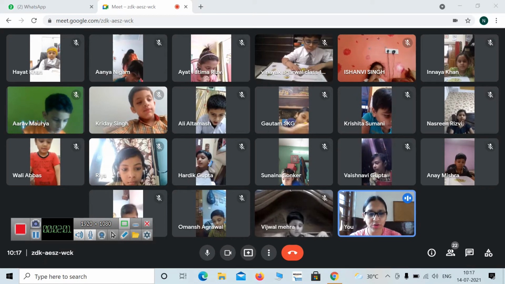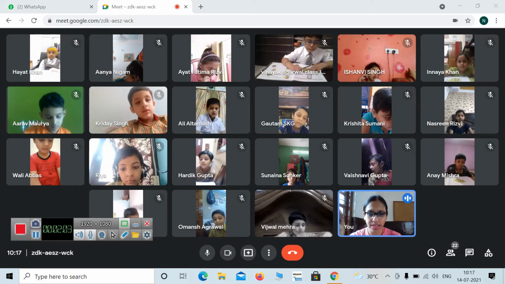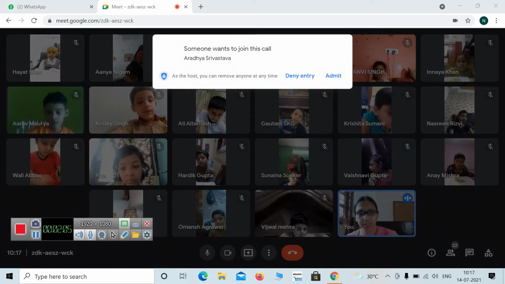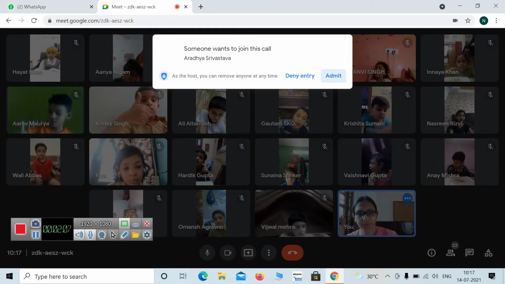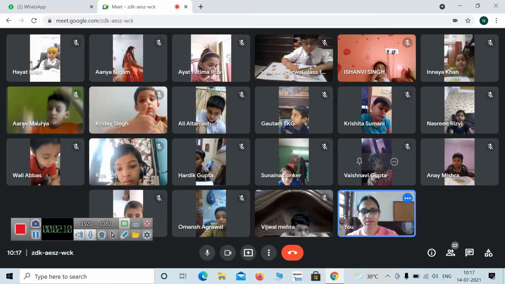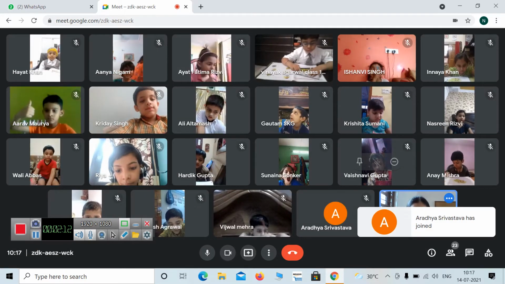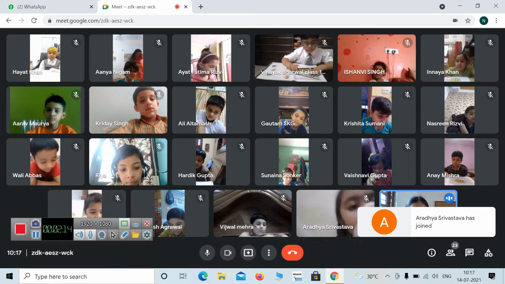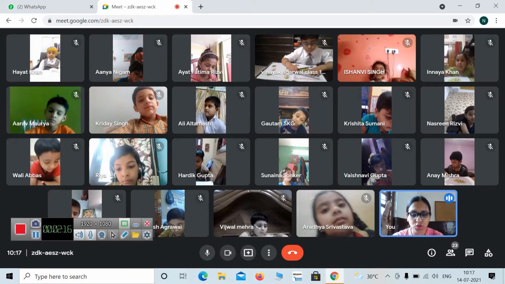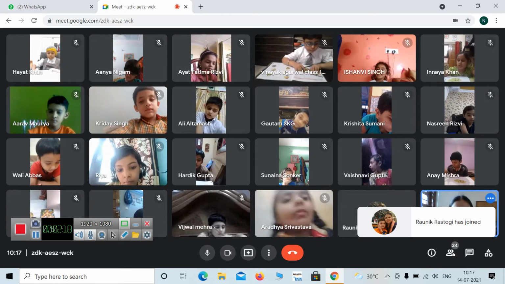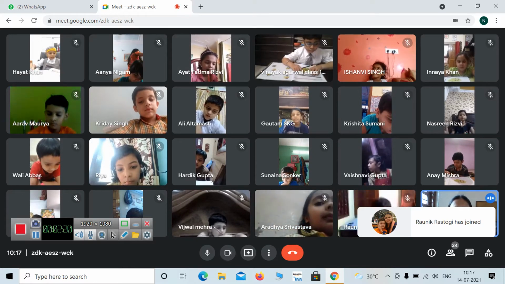See, the line has been drawn for you. Can you see that red line? There's an arrow over there. The second one, number 2, Gaurav.